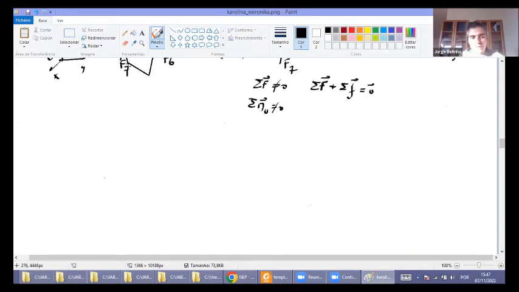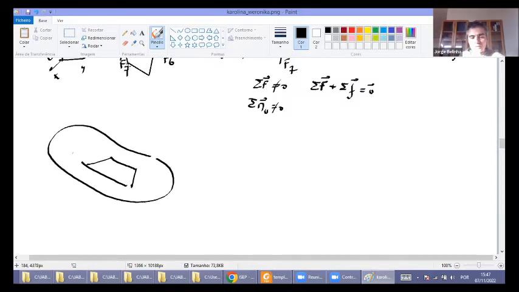Near that point P, this is the surface that has been cut. This is point P. This point P is represented by a small area. And near this point P, just on that area, we have several small forces.